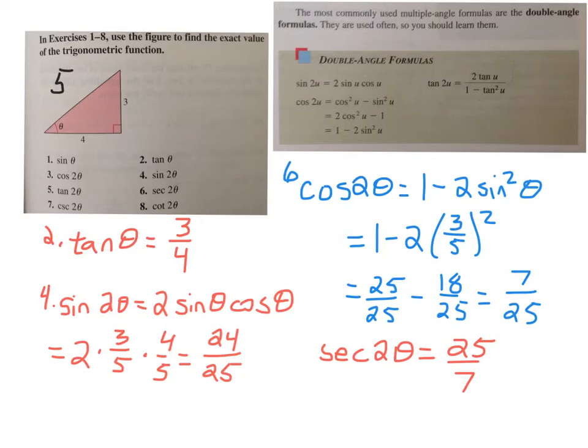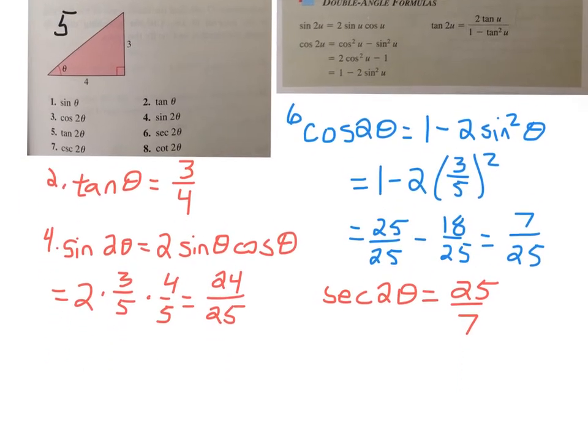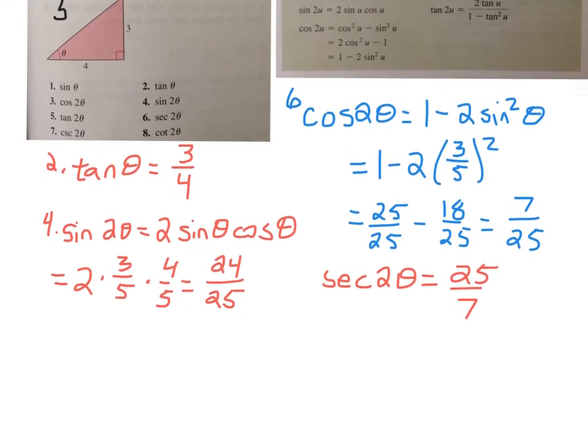Alright, so we'll do number 8. Try to keep it all on the screen here. So again, we're being asked to find cotangent of 2 theta. I'm going to use tangent first, and then just take the reciprocal of that.